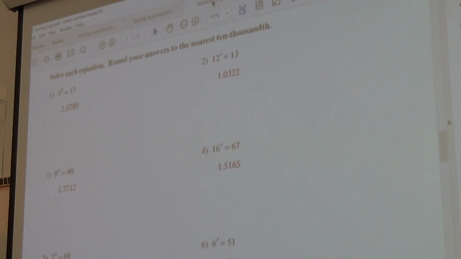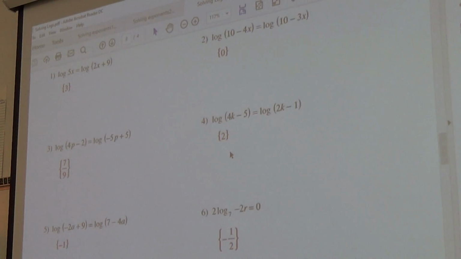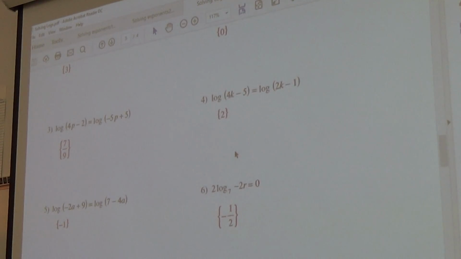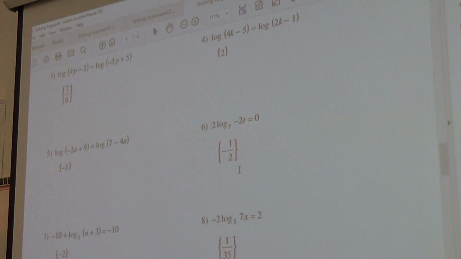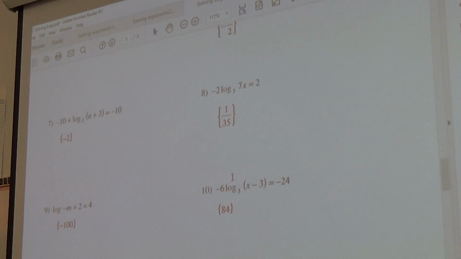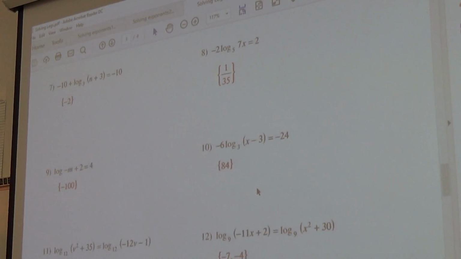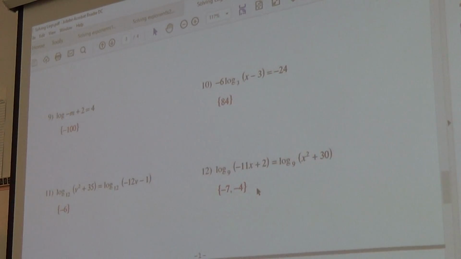Going on to the logs, number 1 is 3. 3 is 7/9. 5 is -1. 7 is -2. 8 is -100.